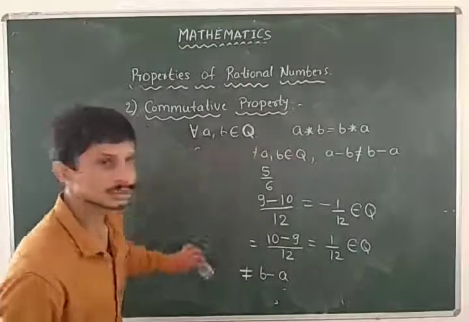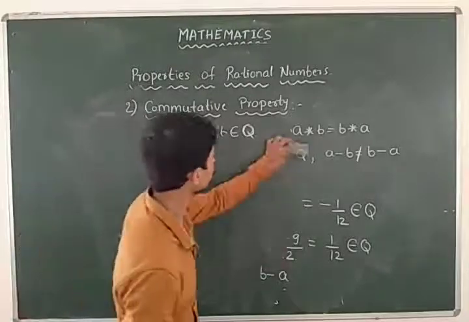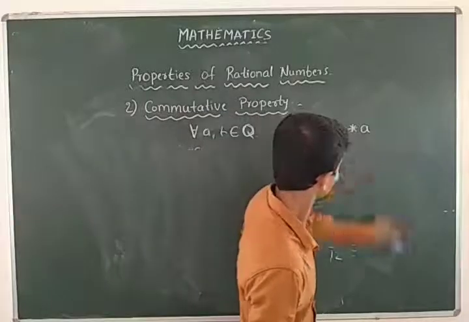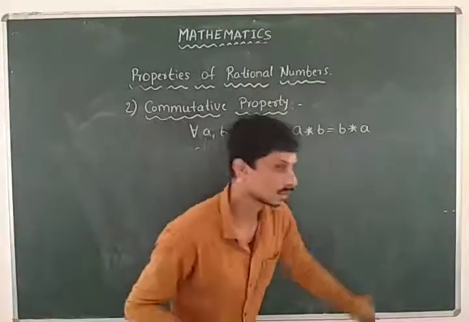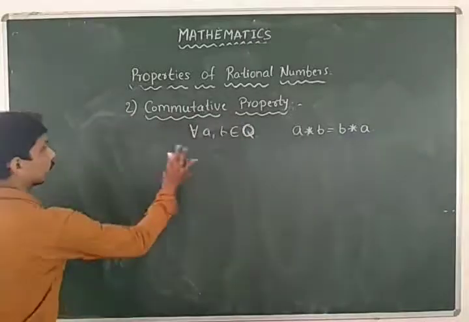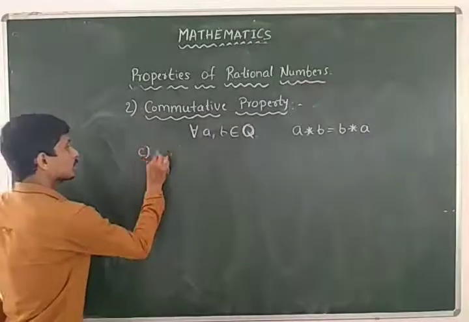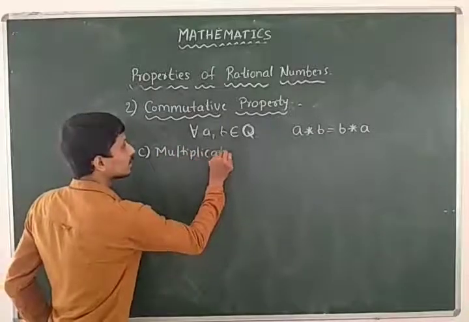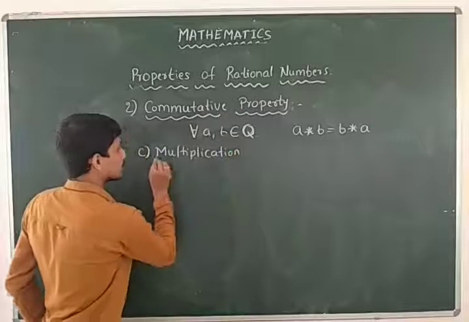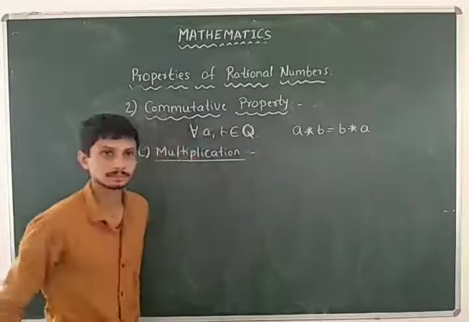For multiplication also we have to take two numbers from the rational number set and we have to multiply those numbers. And again we check the commutative property. So multiplication.